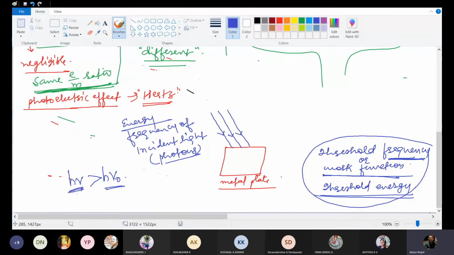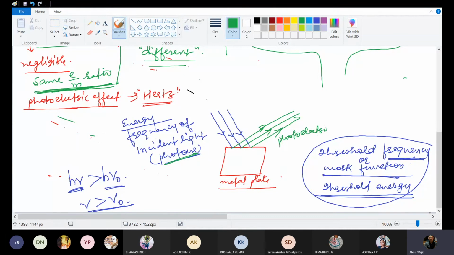So the energy of incident light must be greater than the threshold energy of the metal, or you can say the frequency of incident light must be greater than the threshold frequency of the metal. Then only photo emission of electrons from the metal surface will be possible. This incident light is there in the form of photons, and these are photoelectrons.